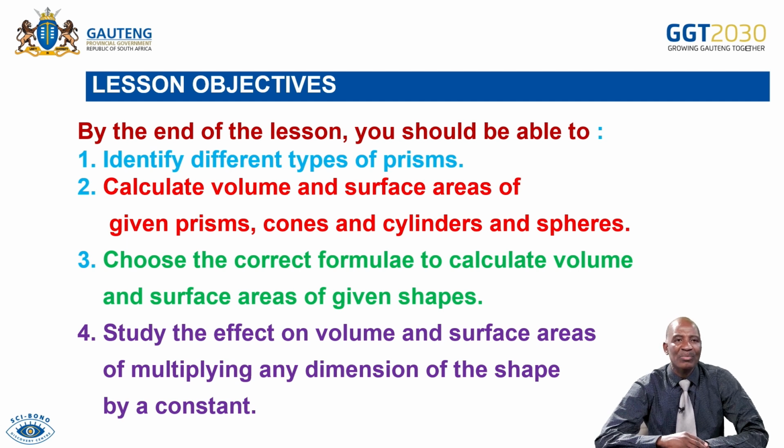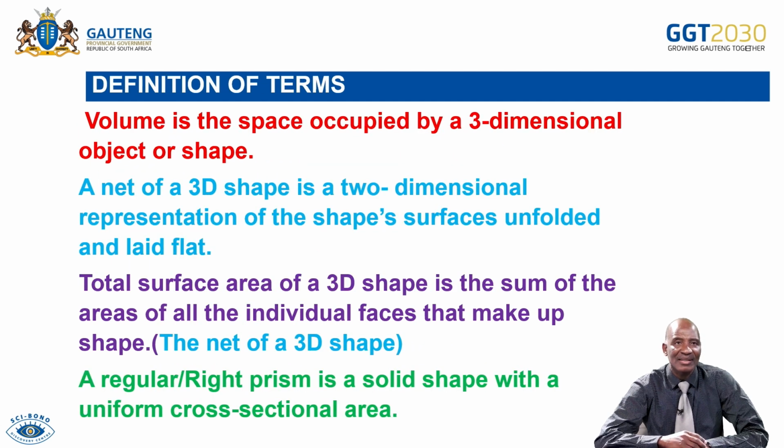You should also be able to study the effect on volume and surface areas of multiplying any dimension of the shape by a constant. We shall see what we mean by that when we talk of multiplying a dimension of a given shape by a particular constant.